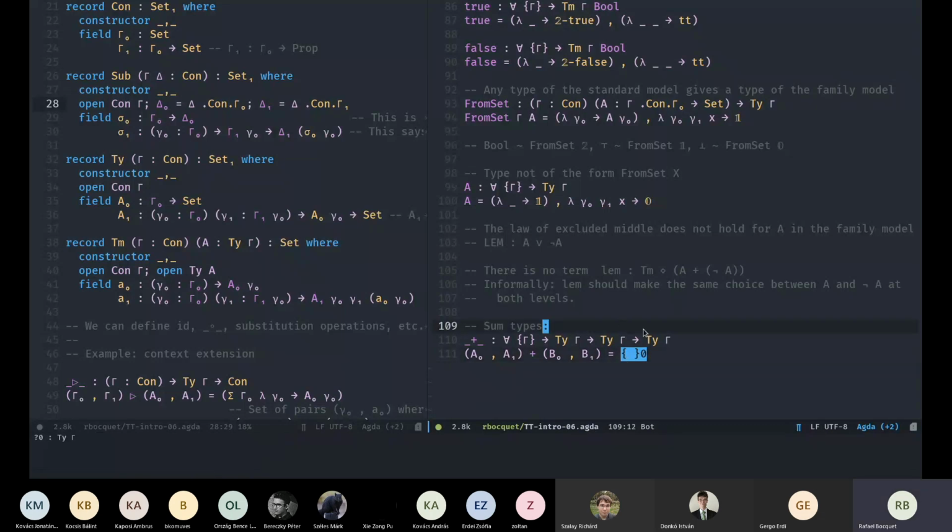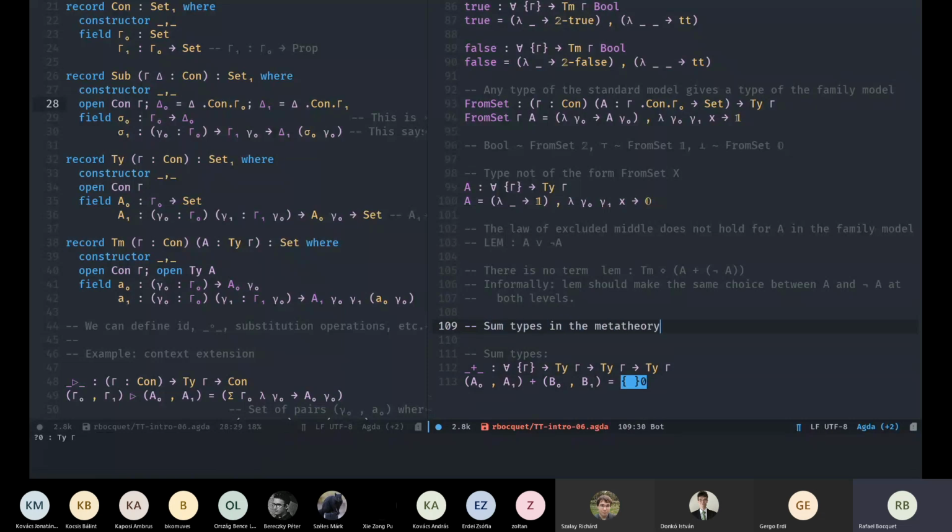But okay, so to define some types, we need to define some types into the meta theory. So maybe I need a different notation.